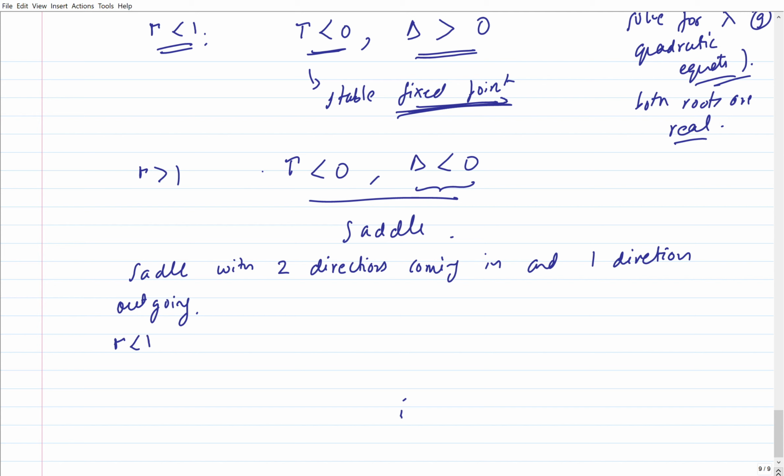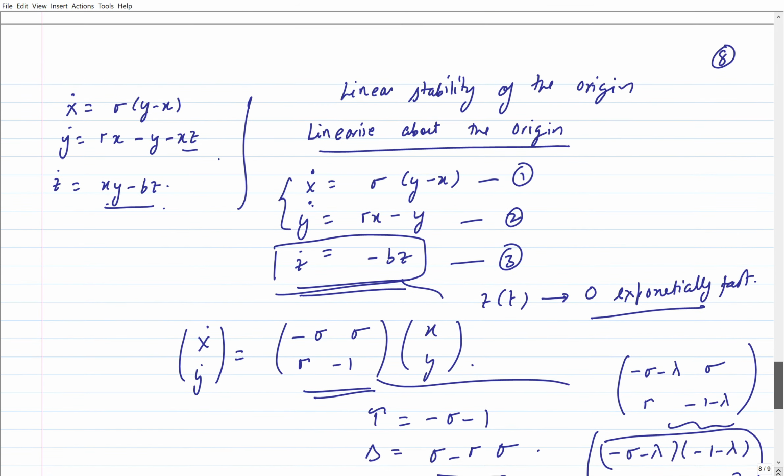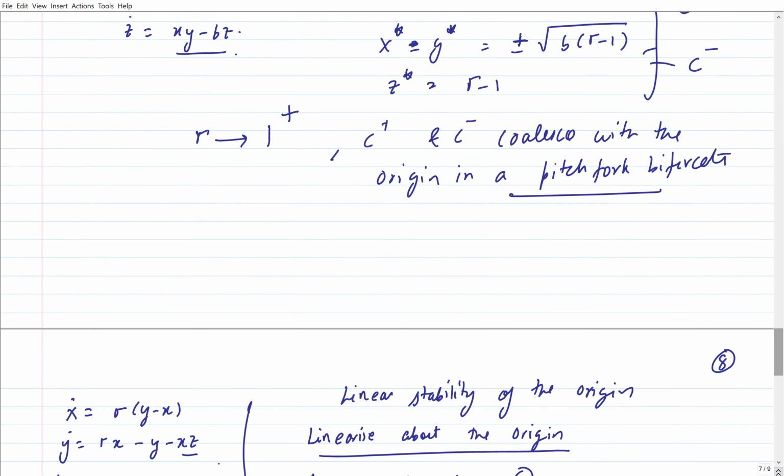For r less than 1, all directions are incoming and the origin is a sink. Okay, so yeah, this was property number 5.